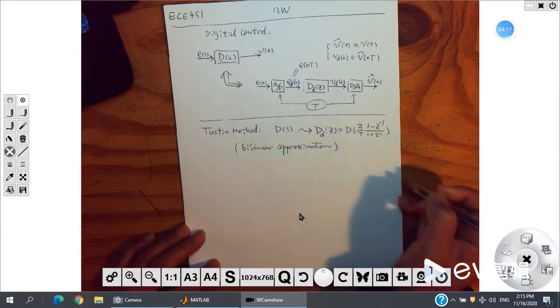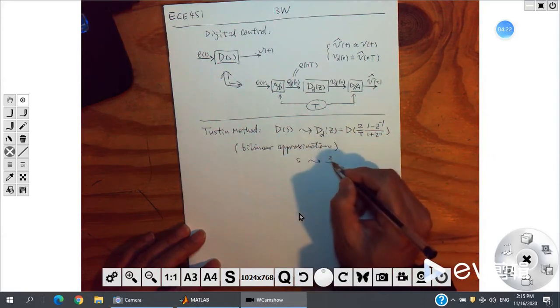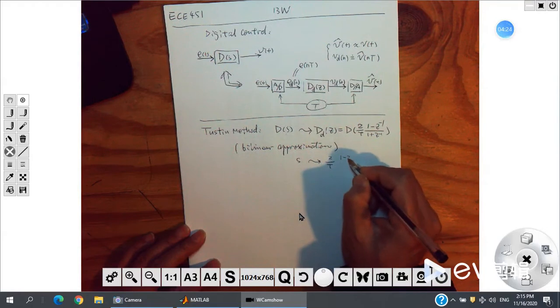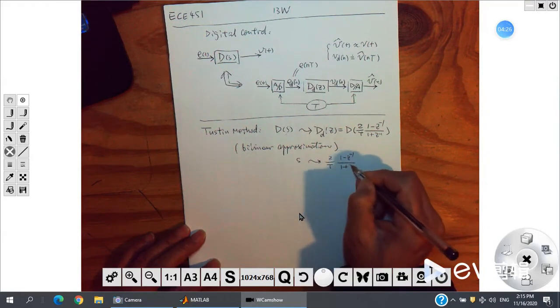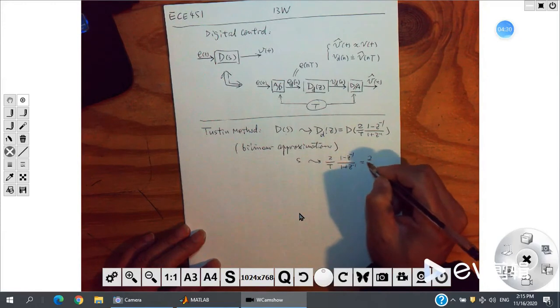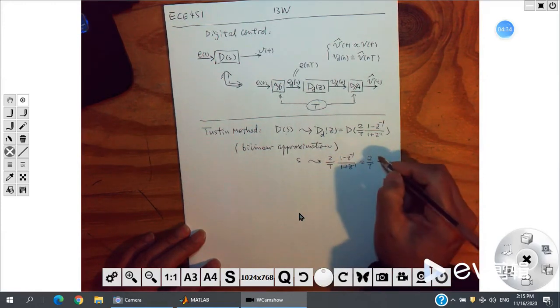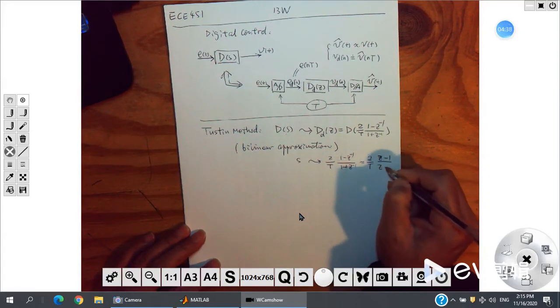So S goes to 2 over T times (1 minus Z to the negative 1) over (1 plus Z to the negative 1). Sometimes you want to write this by multiplying T in both numerator and denominator, to have Z minus 1 over Z plus 1. Same thing.